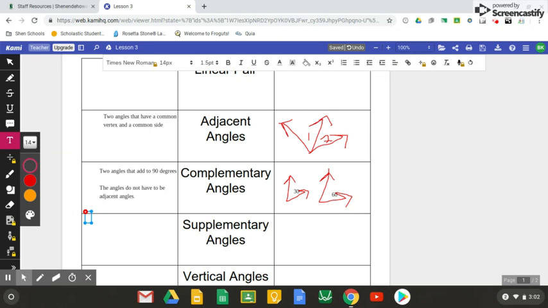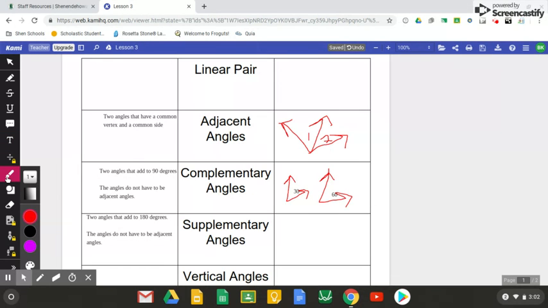Next one, supplementary angles. Two angles that add to 180 degrees. And same thing here. The angles do not have to be adjacent angles. All right. So a picture of this. Maybe got an angle that looks like that.